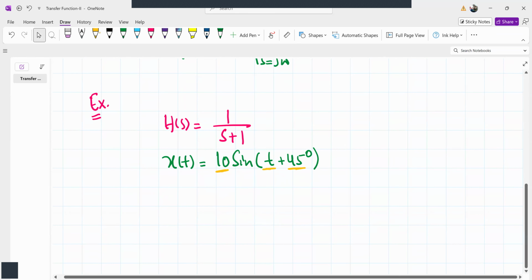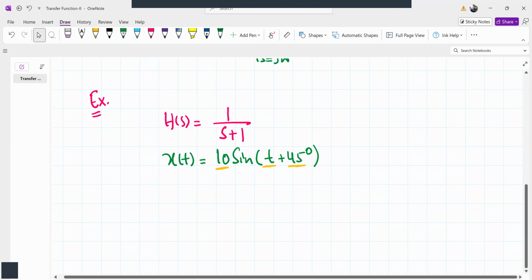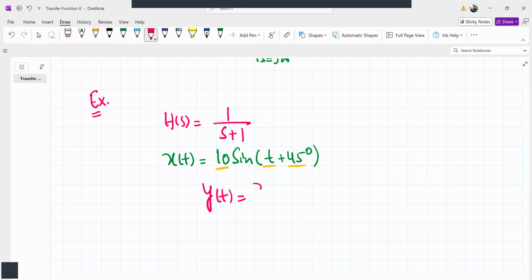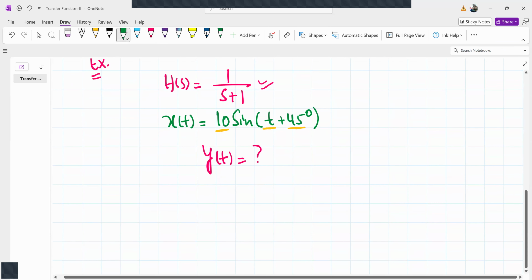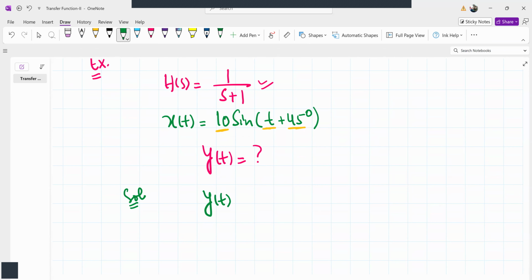Our goal is to find y of t, the output of this network or system, for which the transfer function is given here. So what will be the output? Output y of t will be simply equal to 10 times A1 sine of t plus 45 degrees plus phi.